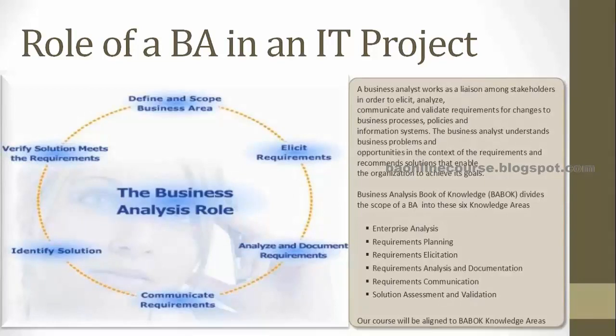So he manages the requirements, and he would be the liaison between the various stakeholders, so that everybody has a common understanding about the requirements. Okay. So primarily his role would be to understand the requirements from the business team. So he would ensure that all the requirements are clearly understood from the business team, and then document them in such a way that the technical team can understand it.